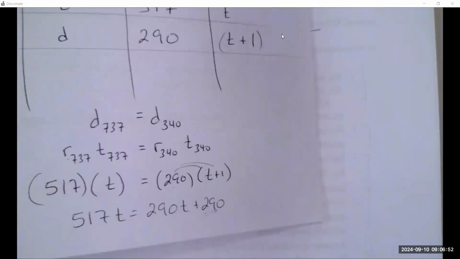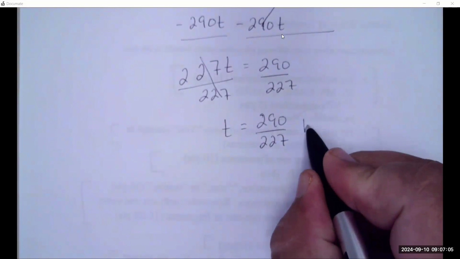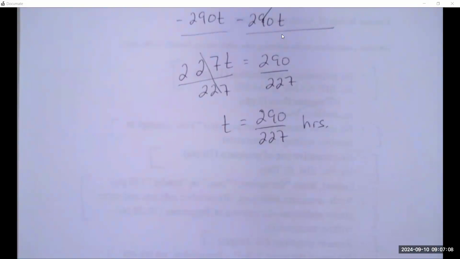Now, when you deal with word problems, it's important to remember what units you're dealing with. What unit is the time in? Hours. So whatever this decimal becomes, that's how many hours you have.